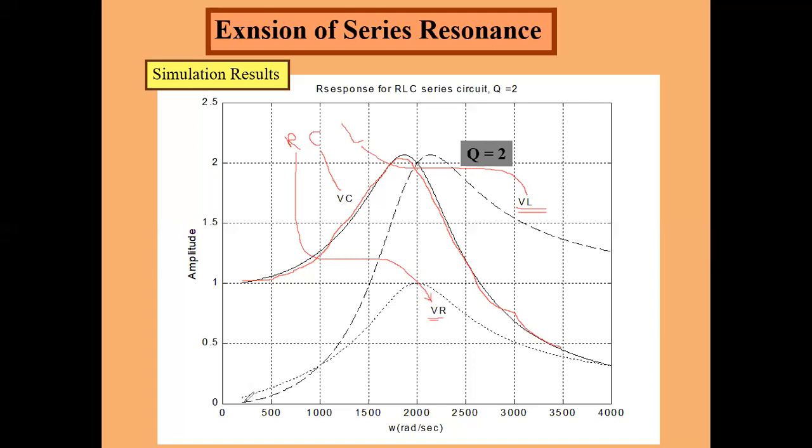To the RLC circuit we are supplying the AC supply, and when we increase the frequency, which is omega in radians per second, remember that the resonance occurs at 2000 radians per second, the unit of the frequency.